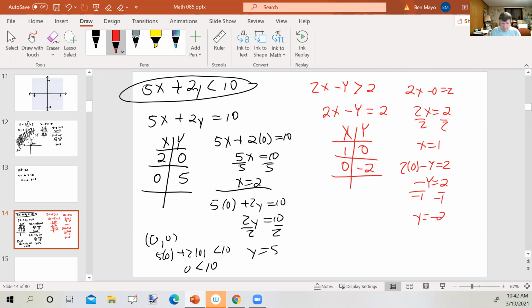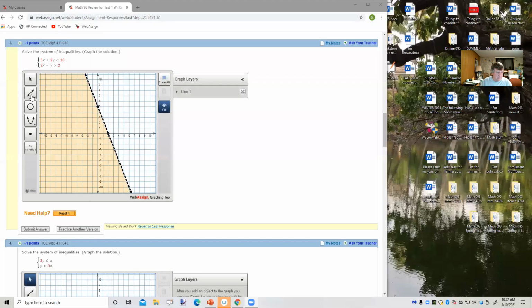Let's see here. So I have the points 1, 0, and 0, negative 2. That also does not include equals, so that also would be dashed.